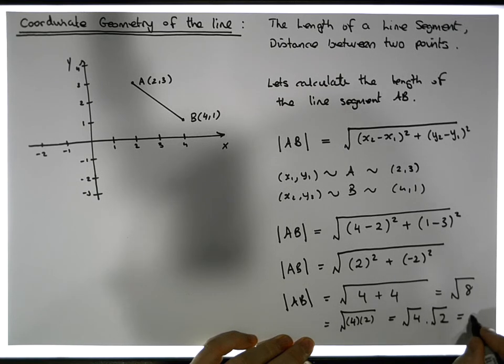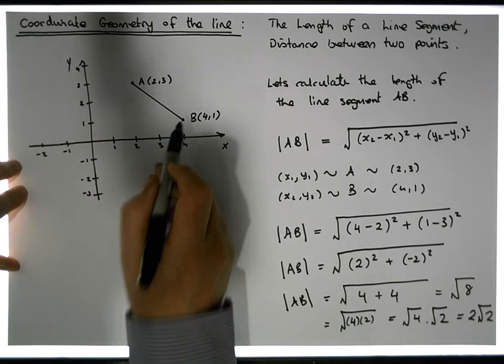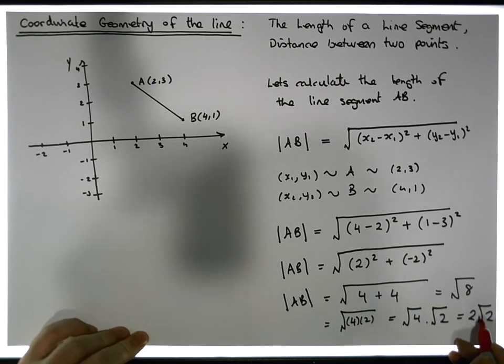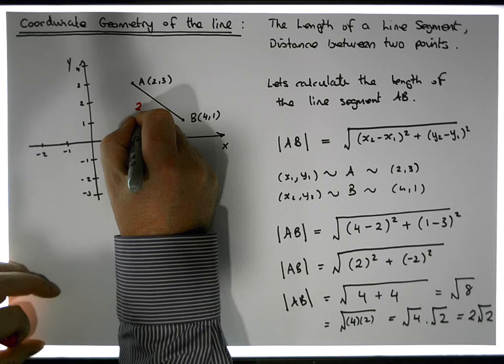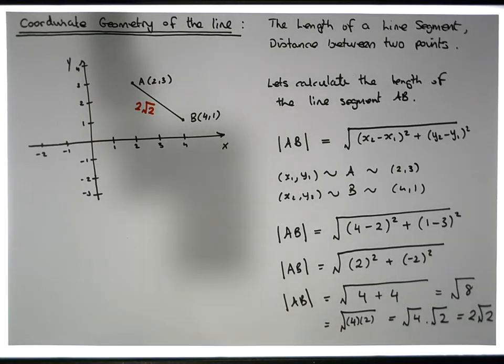The square root of 4 is 2, so 2 root 2 is the length of the line segment AB. So the length of this line segment from A to B is the square root of 8, which is equivalent to 2 root 2.